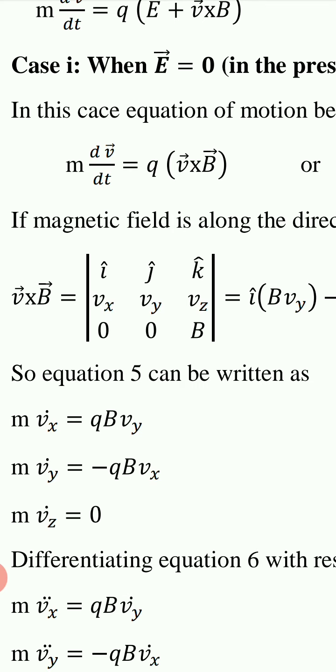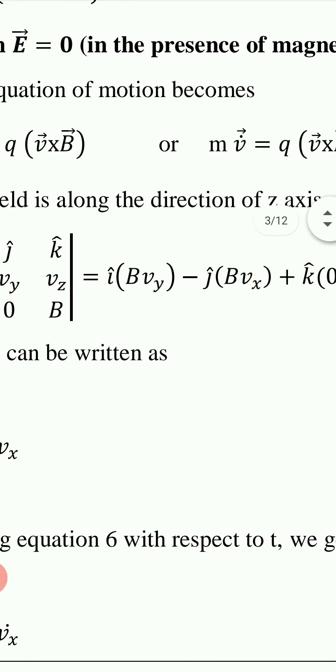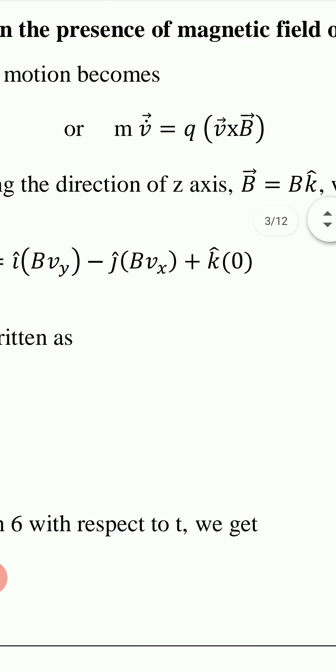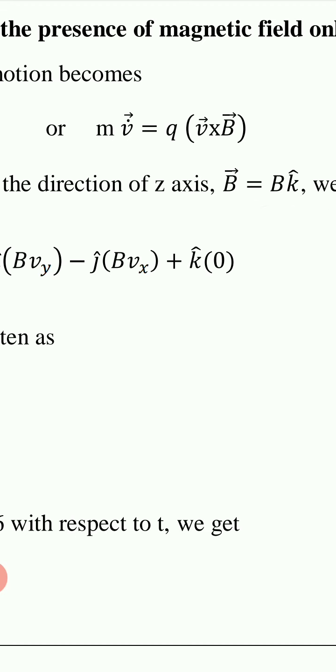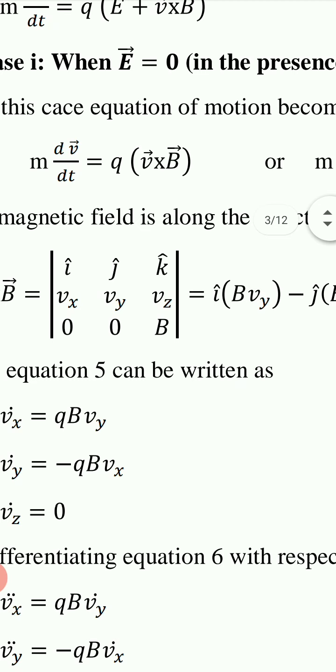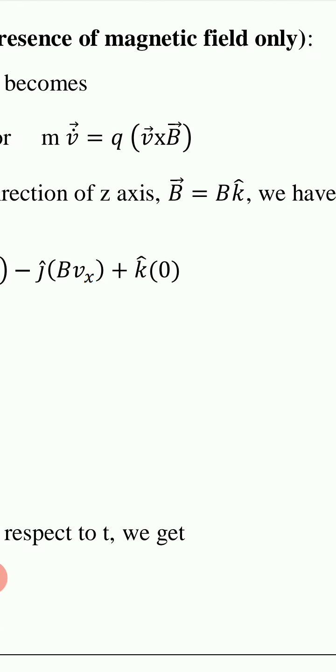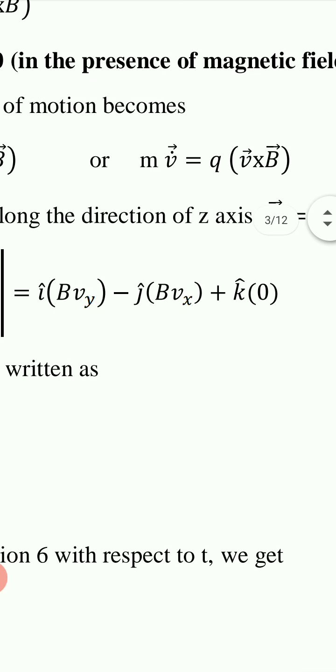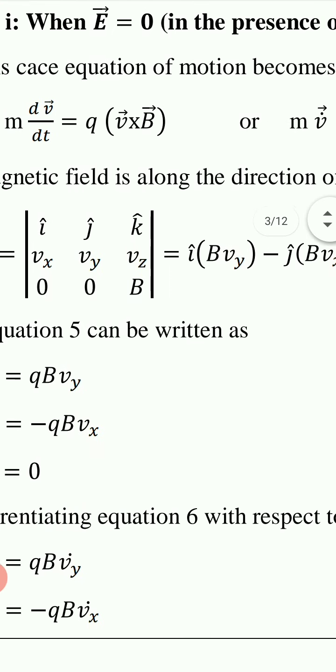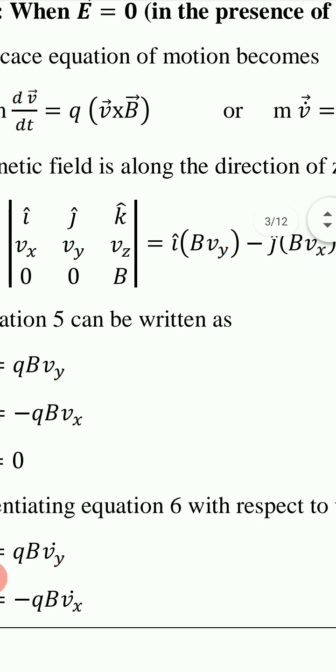And the equation of motion of the charged particle can now be written as m into dv upon dt equal to q v cross b, or we can write it as m v dot equal to q v cross b. We write dv upon dt as v dot. Dot means differentiation with respect to t.